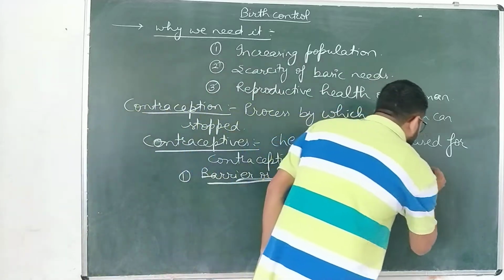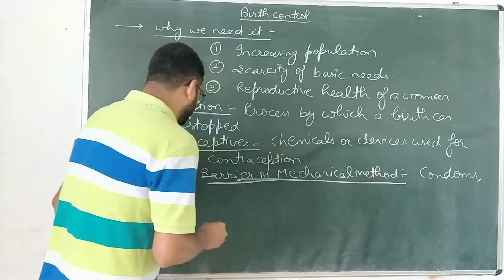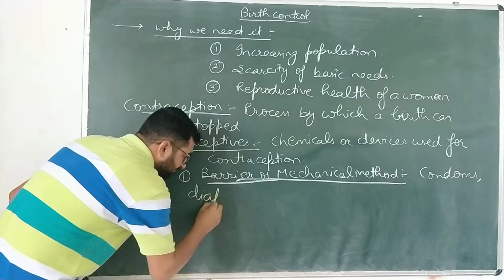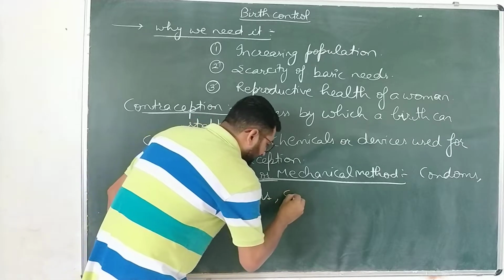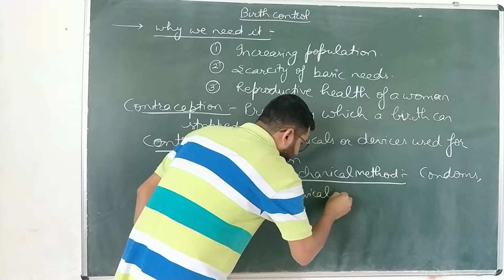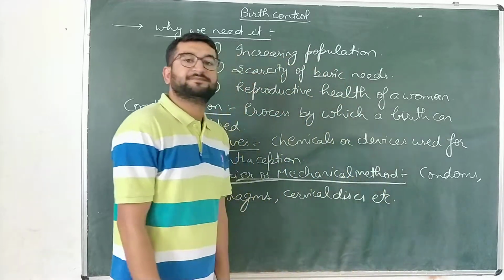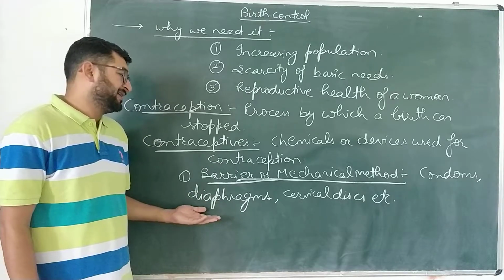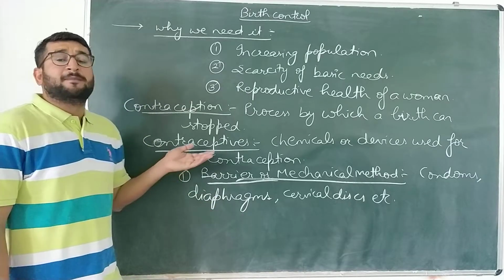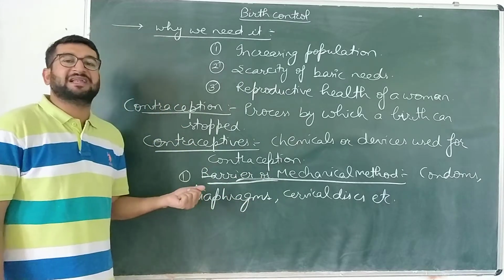These mechanical barriers are condoms, diaphragms, cervical discs, etc. These are devices made up of latex and are used by a male or female to prevent the fusion of male and female gametes.